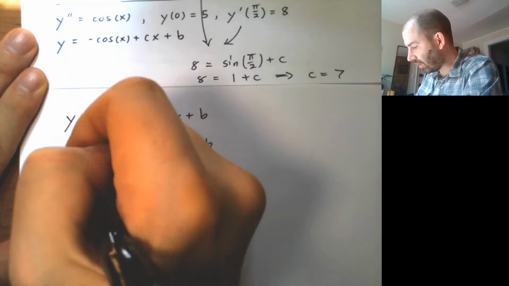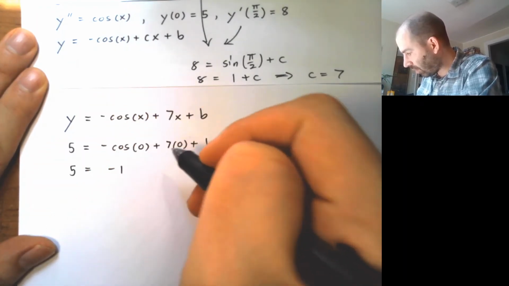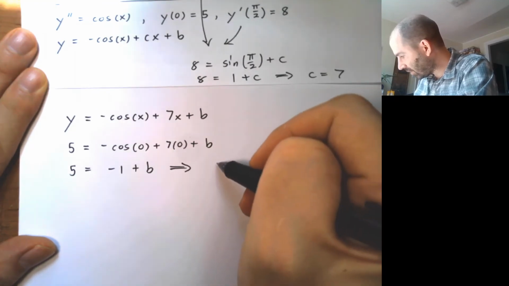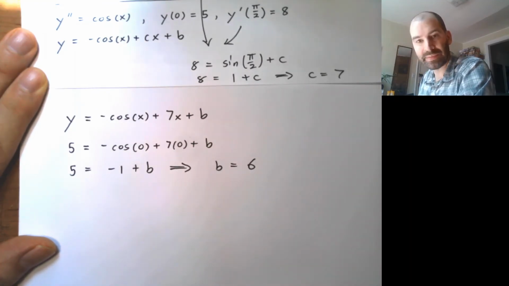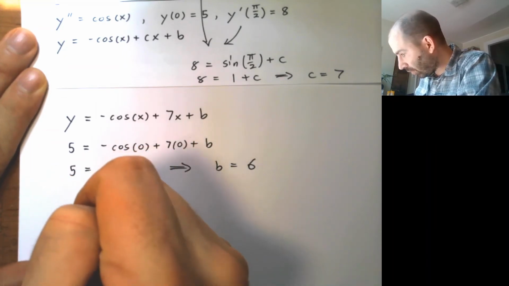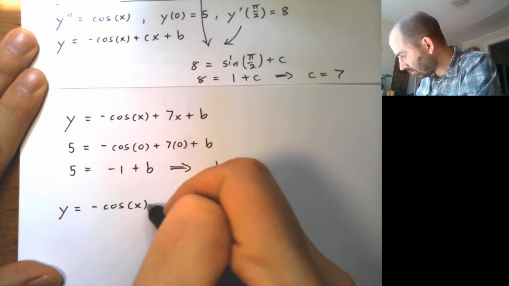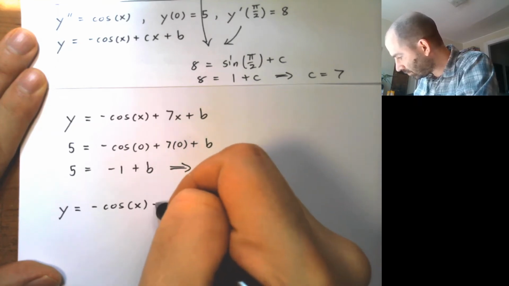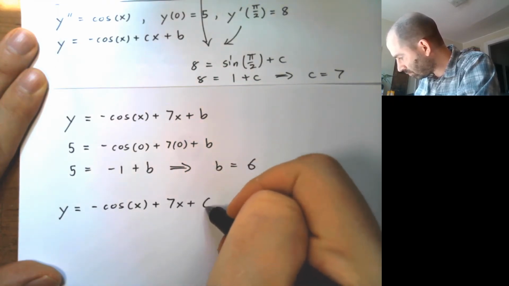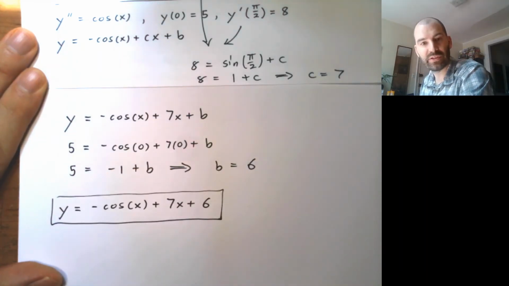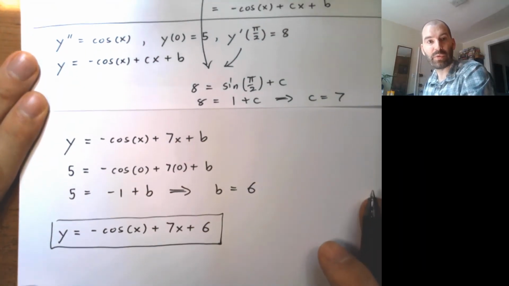Now let's see what we get here. 5 equals negative 1 plus b. So that tells us that b is equal to 6. And so I've solved it with those conditions. There's my solution.